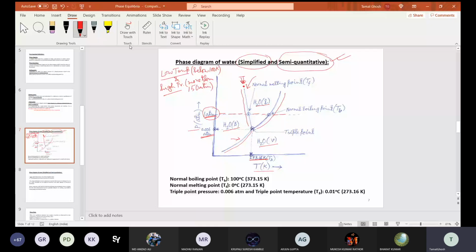They will be somewhere in this region, which I have not shown. Some other phases of water will exist there, like H2O-II, H2O-IV. These types of phases will exist.